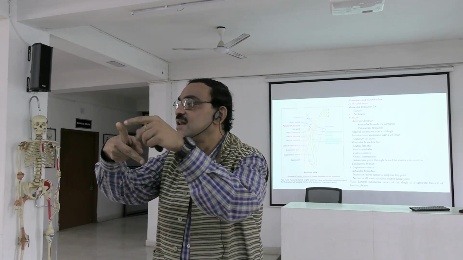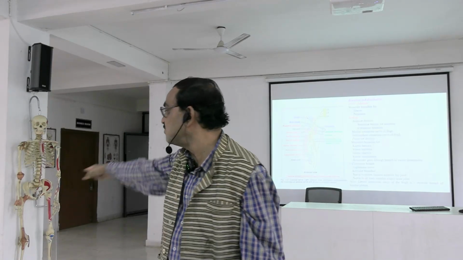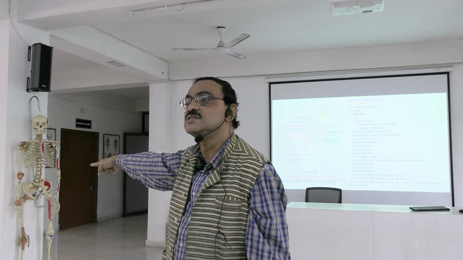From the superficial, we are getting 3 cutaneous nerves. They are, as I have already mentioned, the medial intermediate, lateral intermediate, and medial cutaneous nerve of the thigh. Okay, these are 3 cutaneous nerves, and 1 muscular nerve for the sartorius muscle.